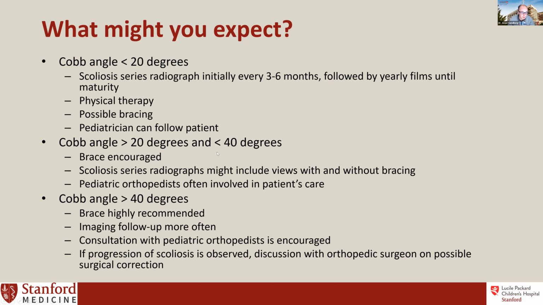If it's more of a 20 degrees, greater than 20, less than 40, a brace will be encouraged. Scoliosis series radiographs might include views with and without the bracing, so more imaging. And then pediatric orthopedists might be involved in these cases. In greater than 40 degrees, consultation with a pediatric orthopedist is definitely encouraged. The brace is more recommended in these cases, might get more imaging follow-up. And then these are the ones where there might be some discussion with your surgeon for possible surgical correction.